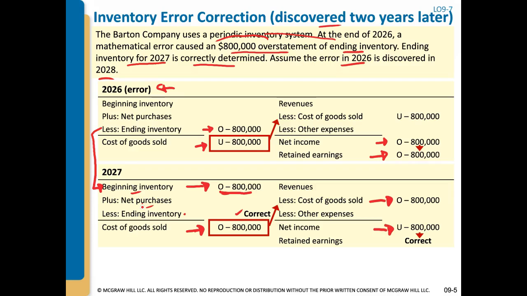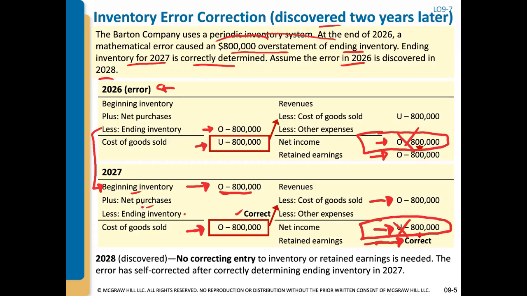And because our net income is understated, it automatically corrects the retained earnings, because in 2026 our net income was overstated and that flows into our retained earnings. And then in 2027 our net income was understated, which also flows through into the retained earnings. So they cancel each other out. It was overstated here, understated here. At the end of the day, our ending retained earnings at the end of 2027 ends up being correct.